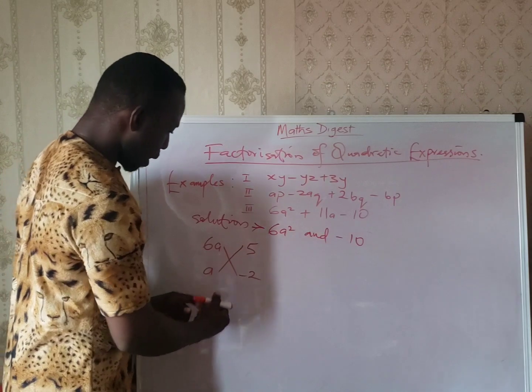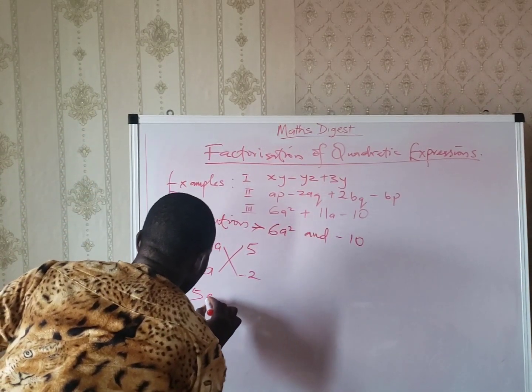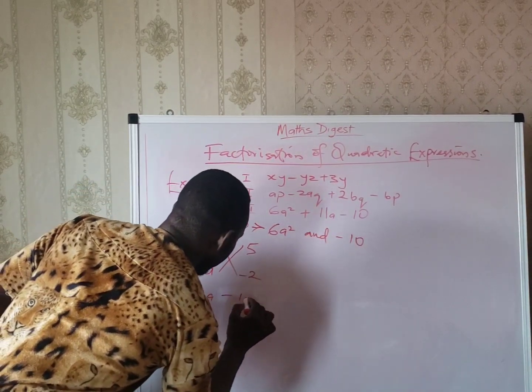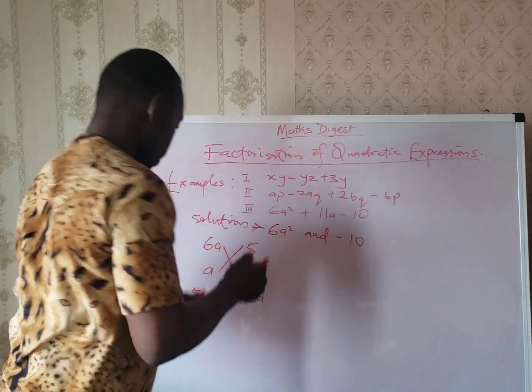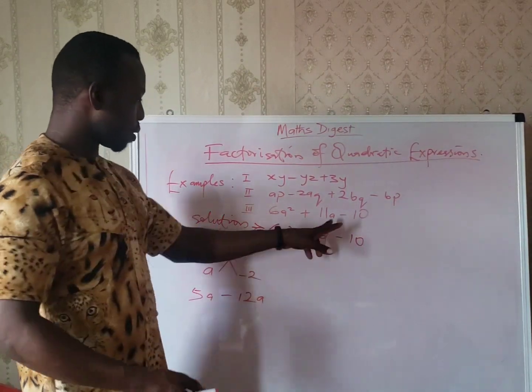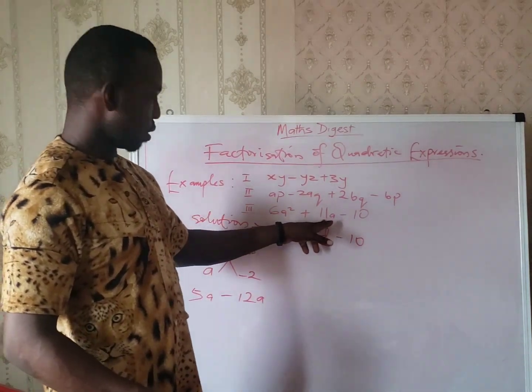This times this, we have 5a, and this times this, we have minus 12a. Remember, what we are looking for now is the one that when you add it together, it will give you 11a.